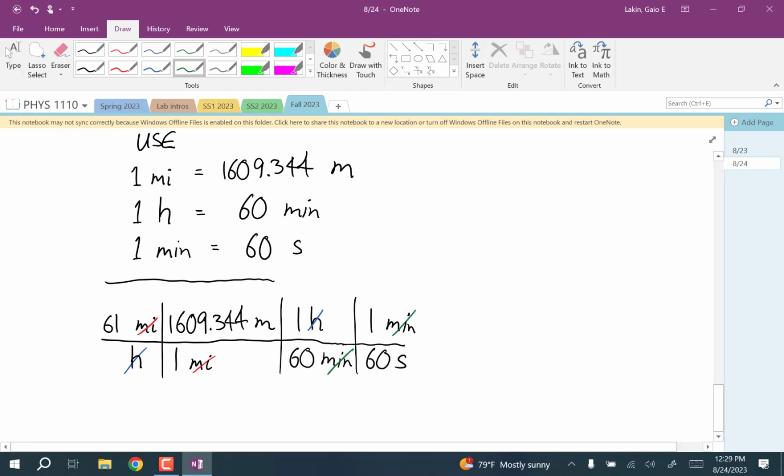And the minutes cancel. And what we're left with is units of meters divided by seconds. So that's what we want. And if you do this calculation, you get 27.26 meters per second. I think that's right. Yes. Anybody have any questions about that?